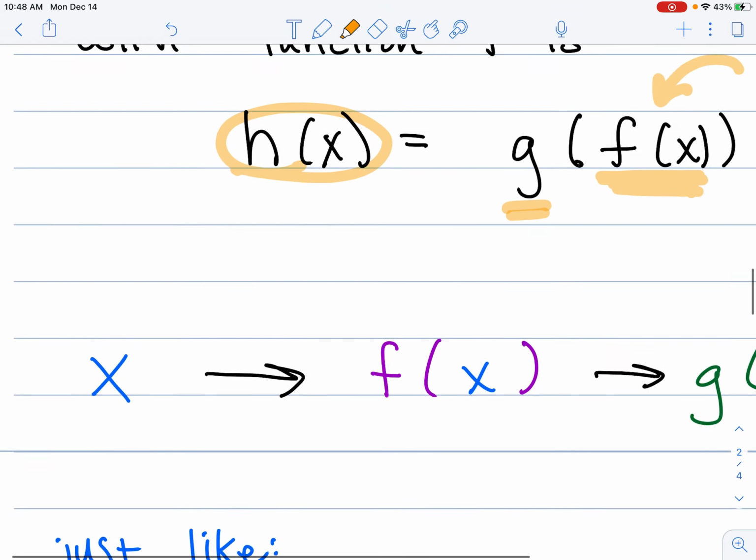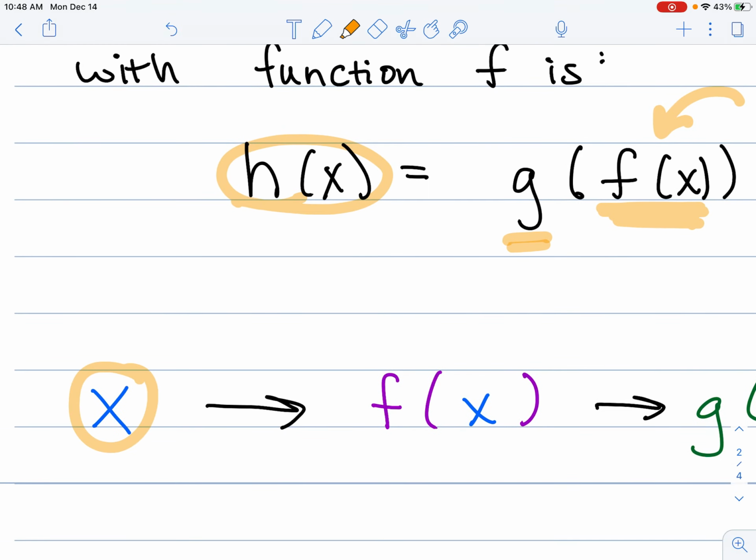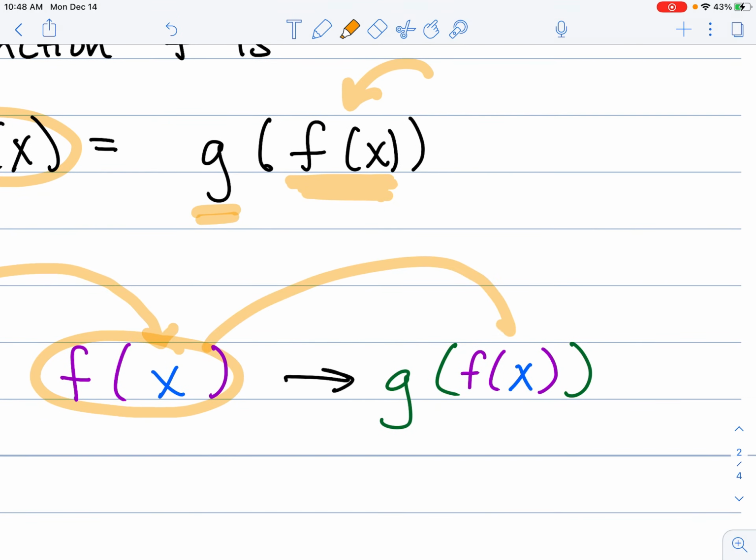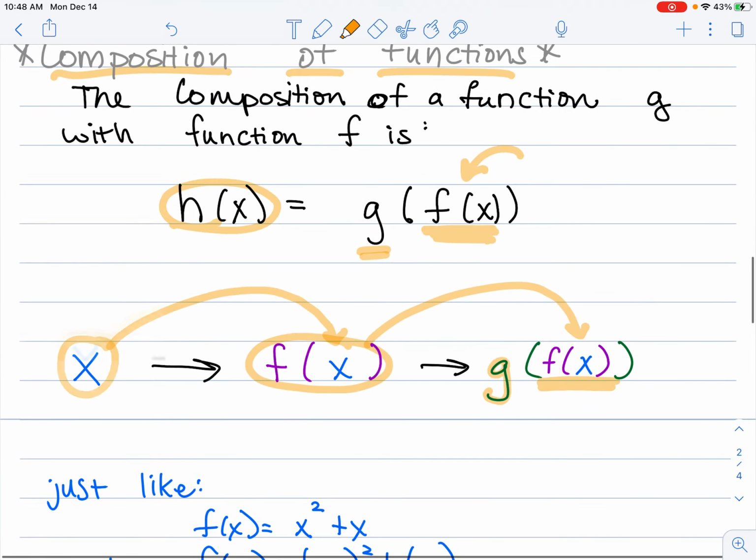Normally, if we just have one function, we have some value of x. And if I'm looking for f of x, I'll put in x inside that f of x. Well, a composition of functions means we take that first whole function and we put that whole value into this outside function of g. And I'll show you what that means.